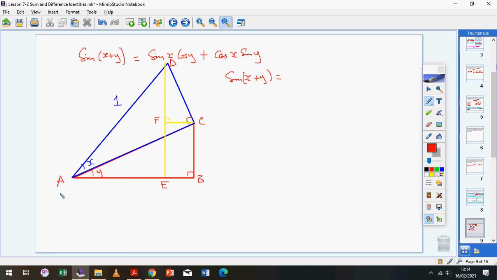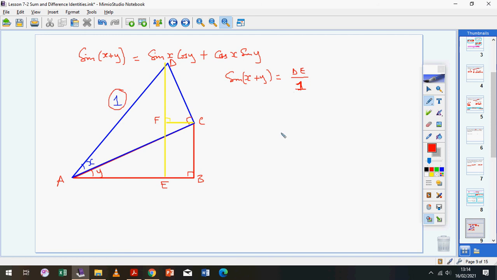that big triangle with the yellow line as the opposite of x plus y. If I use the triangle ADE, I hope you can see that the sine of x plus y is equal to the opposite, which is DE, divided by the hypotenuse, which for the blue triangle is 1.